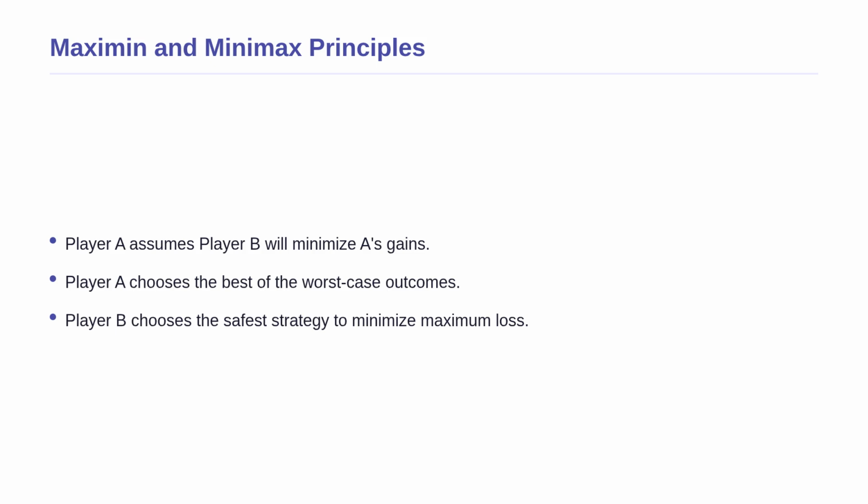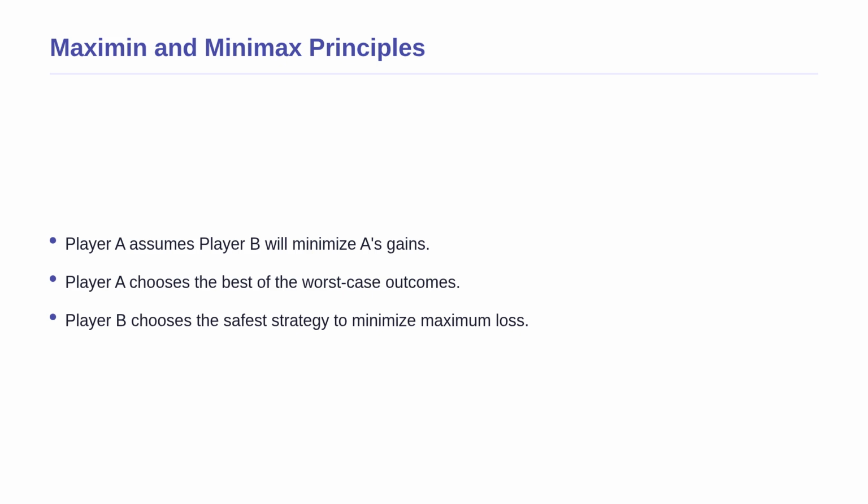Player A knows that player B is smart and will always try to minimize player A's gains. Therefore, player A looks at the worst possible outcome for each of their own strategies, which corresponds to the minimum number in each row. Player A then chooses the strategy that provides the best of these worst outcomes.